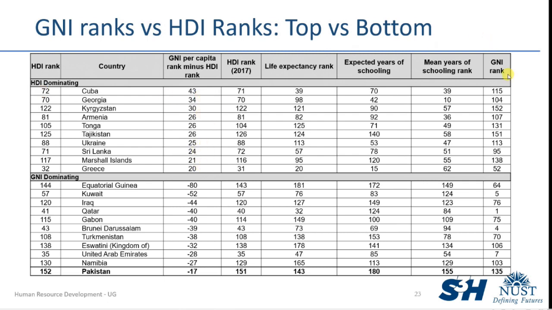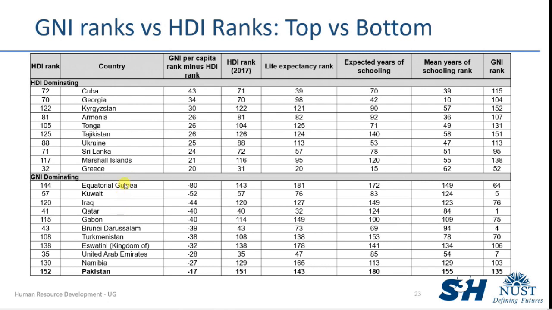These numbers are telling you that when you rank in terms of GNI, these countries rank much lower, but when you rank in terms of HDI, these countries have much higher value, and this is why this number is so high. So 43 places. Cuba jumps up 43 places when we account for life expectancy and education.